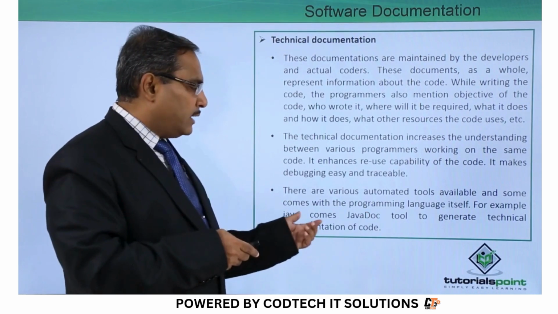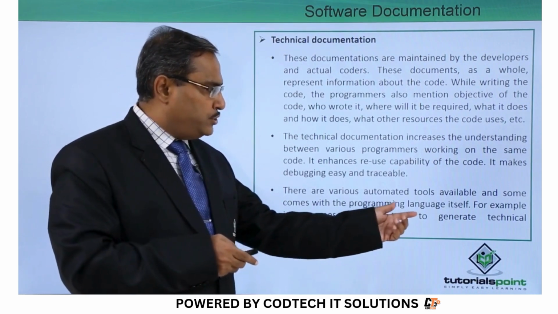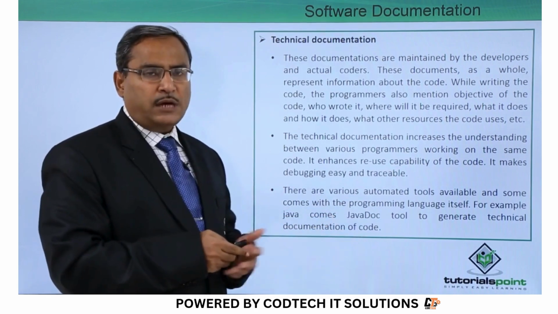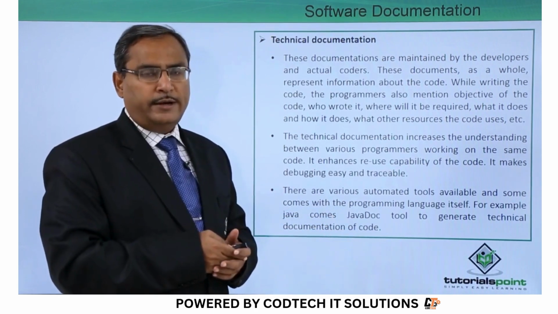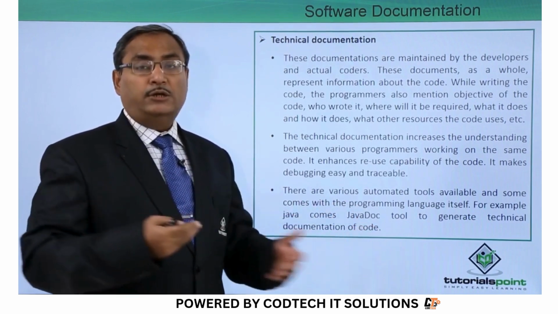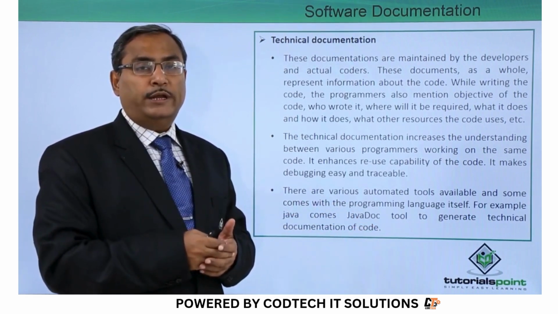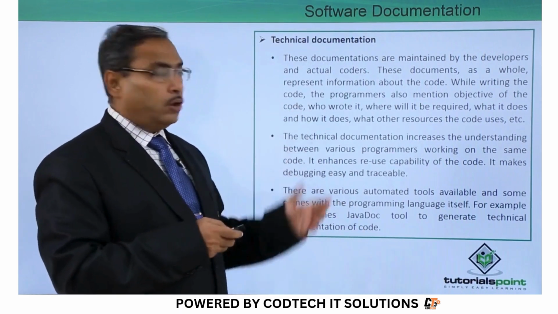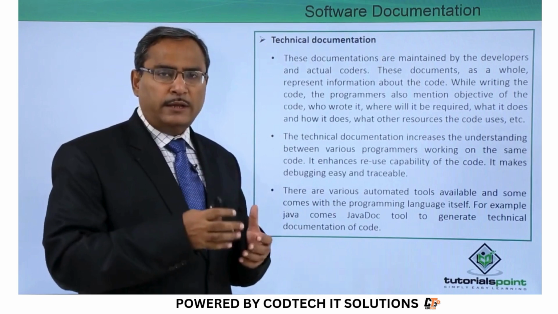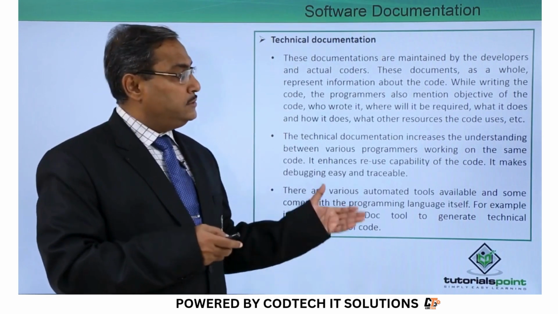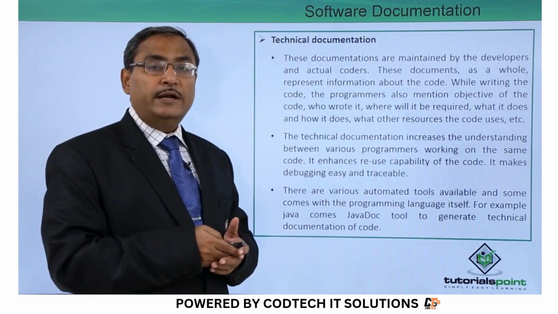For example, Java comes with the Javadoc tool to generate technical documentation of the code. So in the case of Java, there is a very easy way to create the documentation using the Javadoc tool, with the help of which the documentation for the respective code can easily be generated. So it is not that all the documentation is generated manually. There are different tools and software available with the help of which these documents can easily be created.